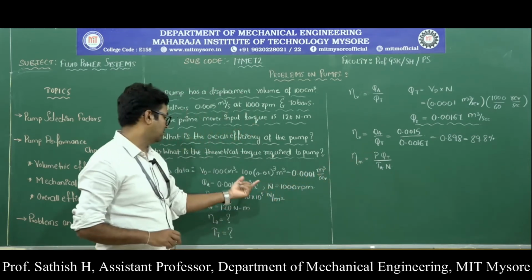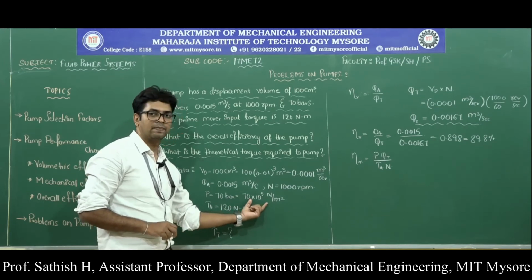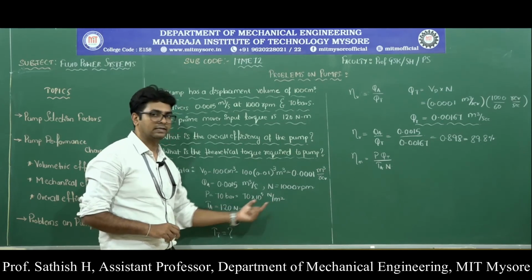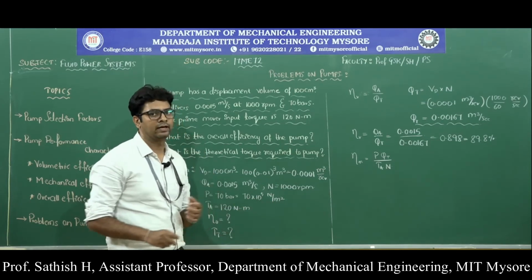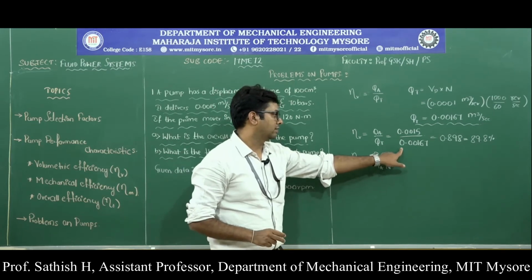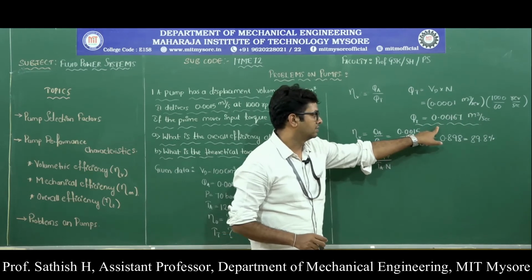It was given in bars, and we have converted it by multiplying by 10 to the power of 5. QT we know is 0.00167, calculated earlier.